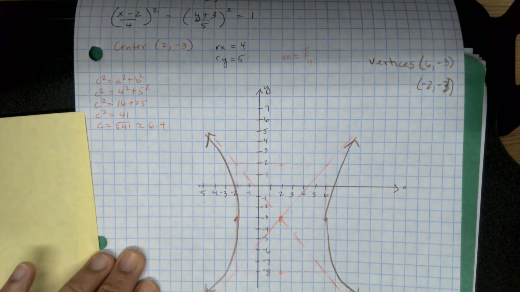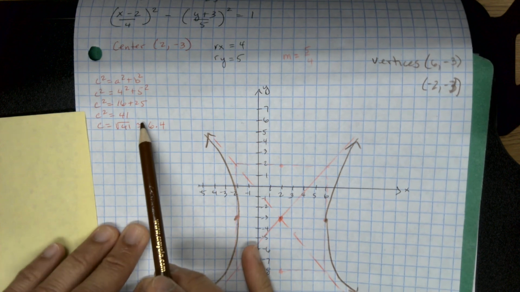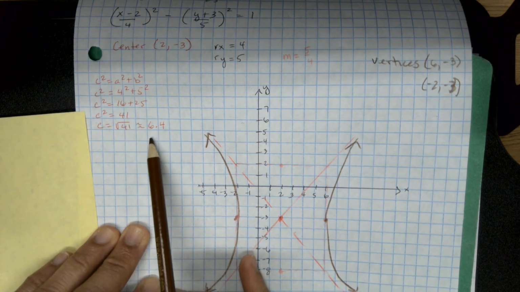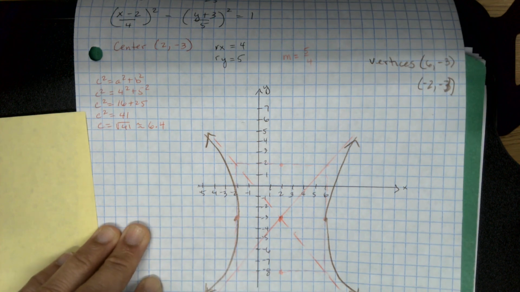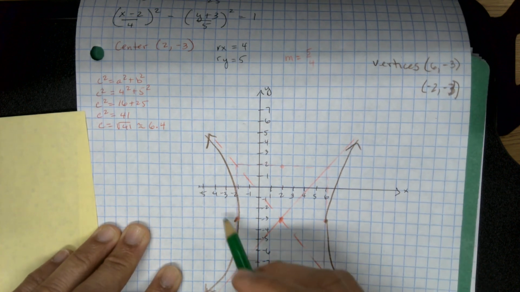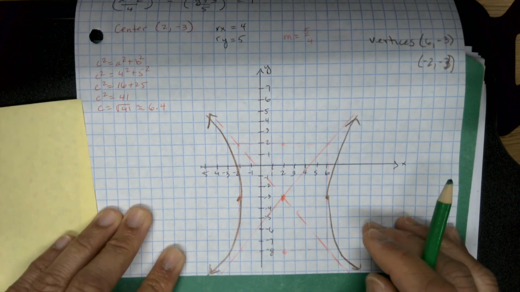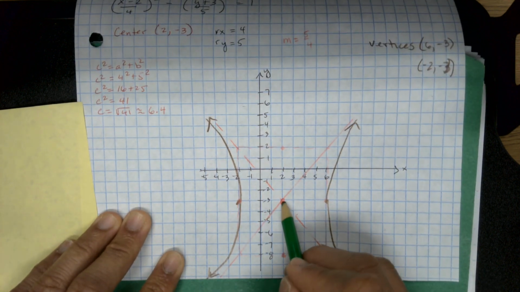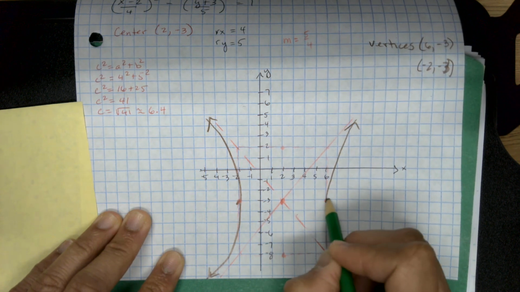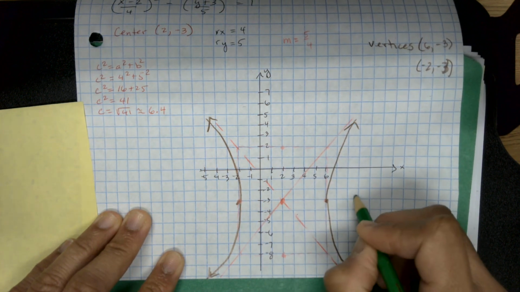Next, we find the focal distance. So use your formula. The focal distance is 6.4. Again, we know that these focal points are going to be inside the cups, just like our parabola. So from here, we count 6.4. 1, 2, 3, 4, 5, 6.4 is roughly here.